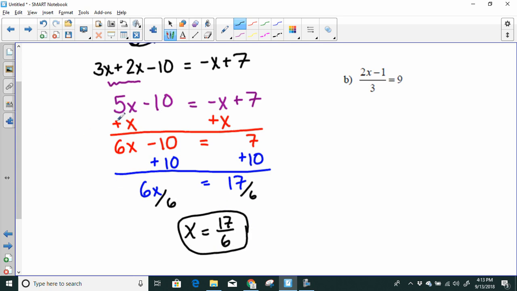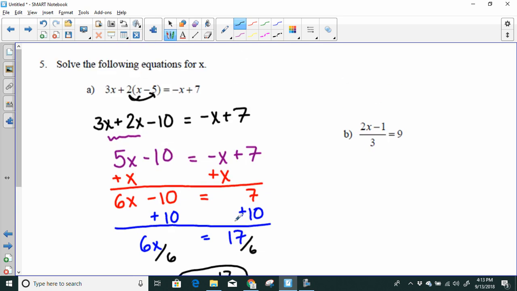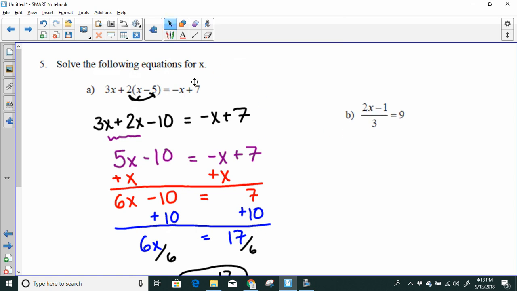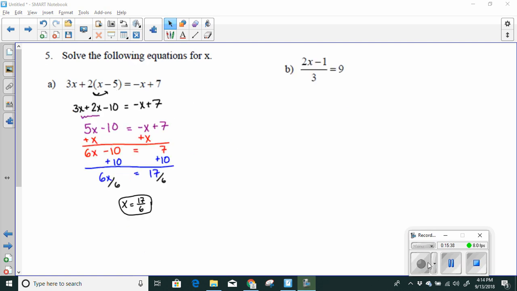Yay! For the next problem, there were a lot of troubles with this. Let me see if I can make some room for myself. For question B, we had a lot of issues here, and I'm going to show you two ways to go about doing this. One way is to try to get a common denominator.